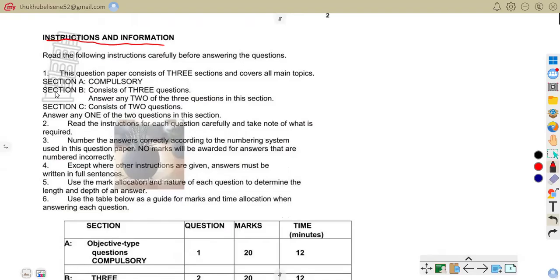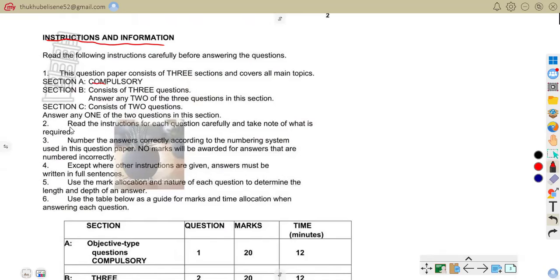So we are going to focus on these 2 sections: A, which is compulsory, and B. Section B consists of 3 questions, and you are to answer 2 of 3 questions in this section. But as we will try by all means to answer them all, we will answer all those questions in Section B.